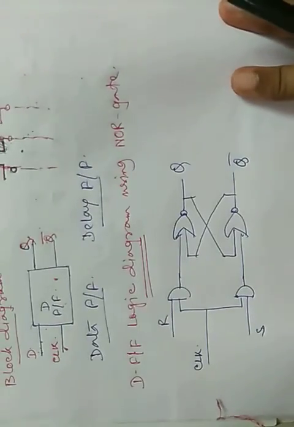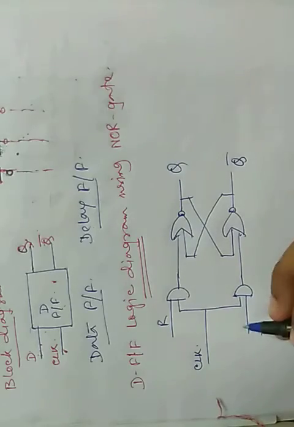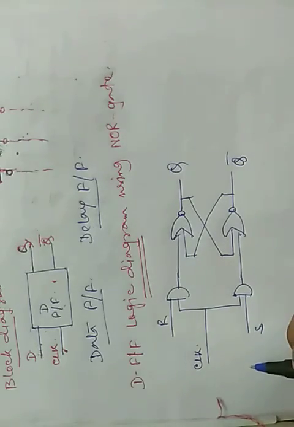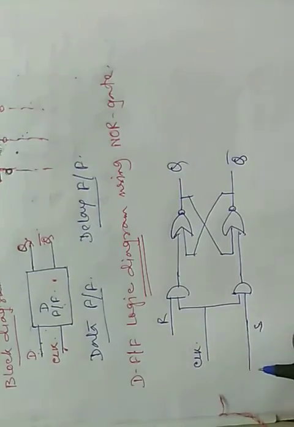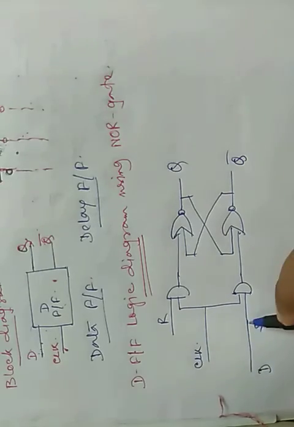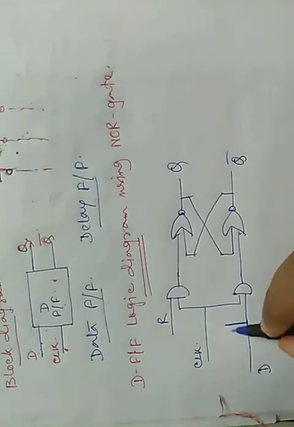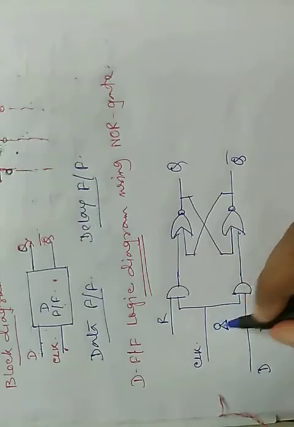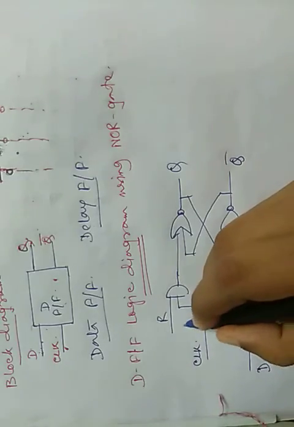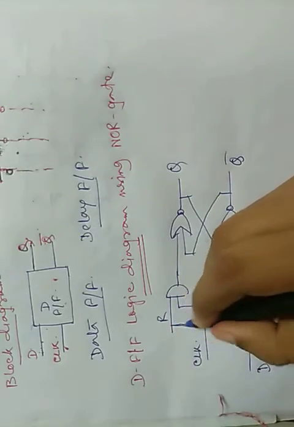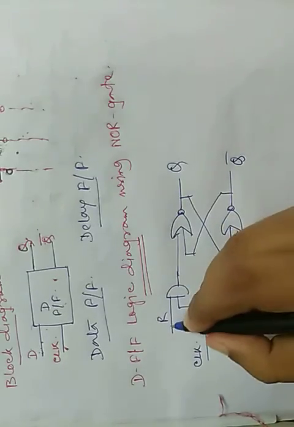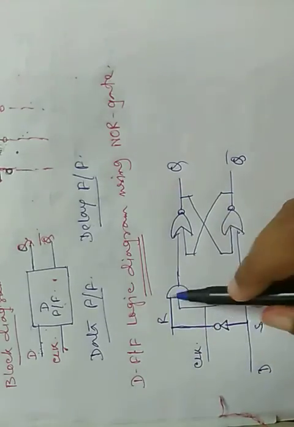But in NOR gate, S is in the lower gate. So here we feed D as an input, put an inverter like this, and this passes as output to R. Okay, this value goes in R.